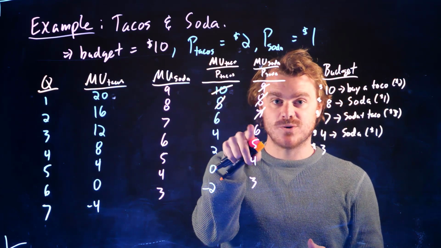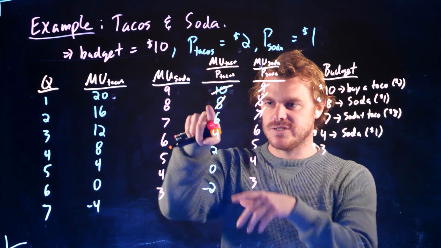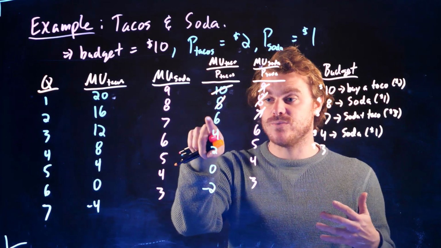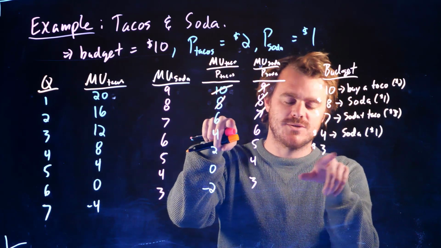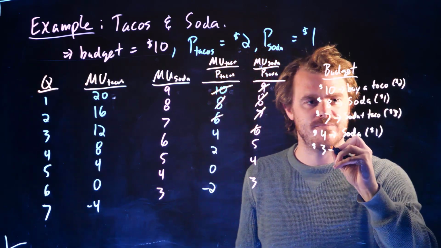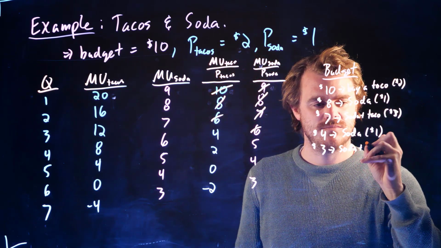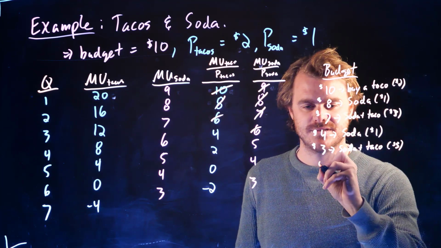I mean, we're indifferent towards them because they give us the same bang for our buck. So we can just do one at a time, doesn't matter which one. But notice that we can afford them both, and that's just what our budget has left. So we're going to purchase both of them, soda plus taco. And that's $3, then we have nothing left.